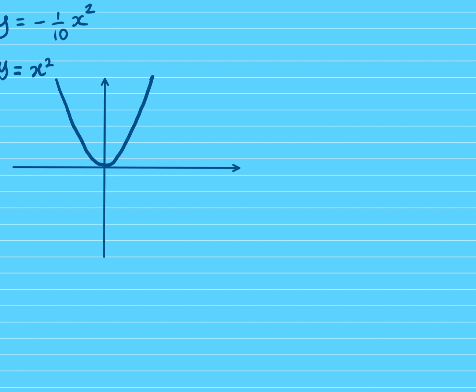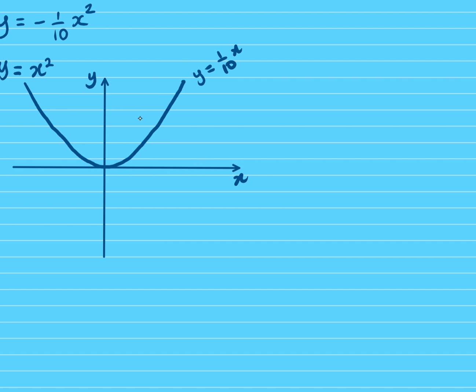We probably don't need to worry about the 1 over 10 because what that does is just make it a bit wider. It climbs up a bit slower than normal, because whatever your x squared gives you, 1 over 10 just reduces that, so it makes it climb up slowly. So this is y equals, say, 1 over 10 x squared.